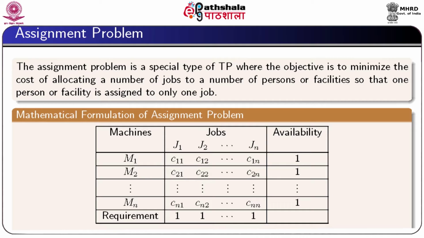This problem is similar to the transportation problem, except that the availability of the machine is 1 and the requirement of the job for the machine is also 1.